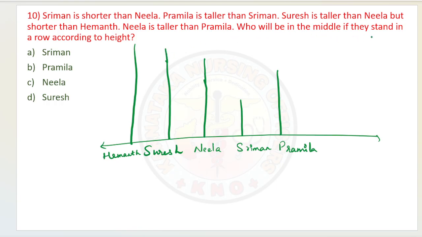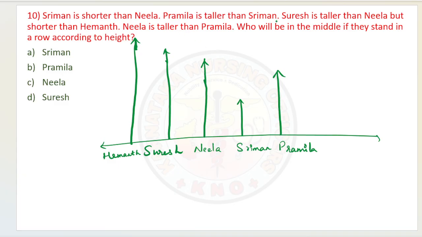Who will be in the middle if they stand in a row according to height? So let us check again. Sriman is shorter than Neela. Correct.